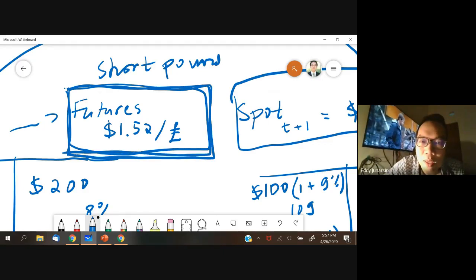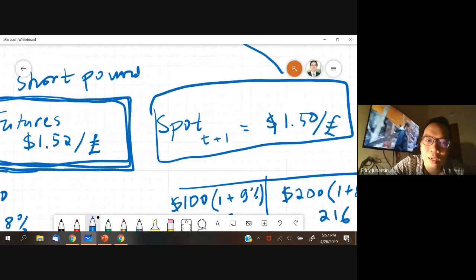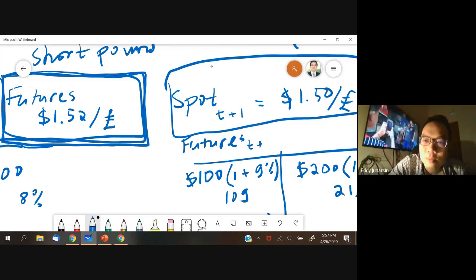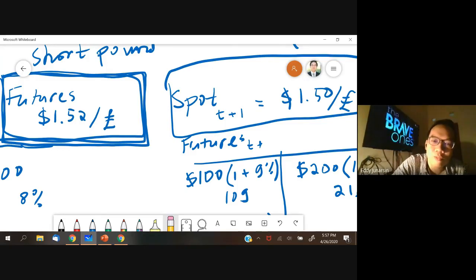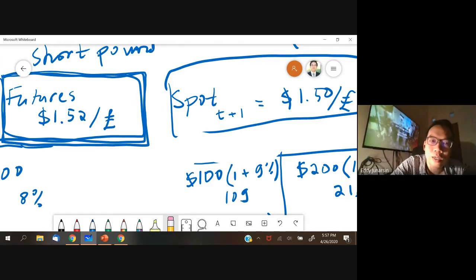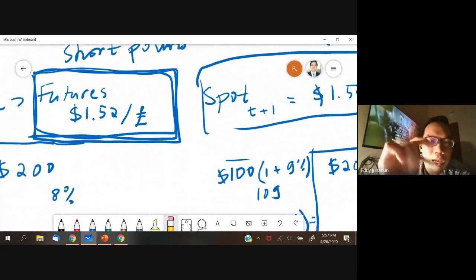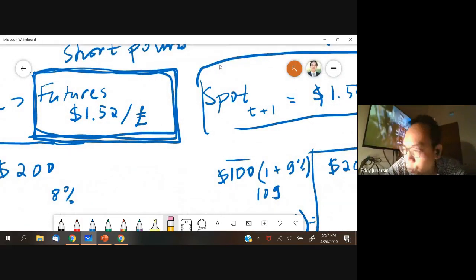Okay, so let's assume, to make it simple, the futures price. Or maybe we don't need to go that far. So what is your contract? In real life, one contract size for pound futures would be 62,500.